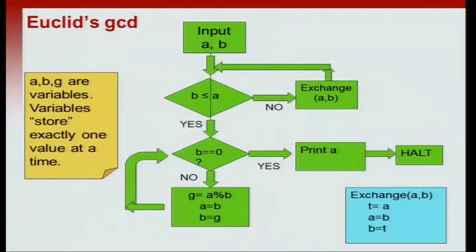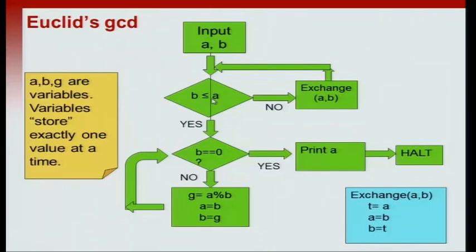Right now we will move into how we write the GCD algorithm in the form of a flowchart. Here is a slightly abbreviated picture. I have skipped the start state, but the start state is there. Let's focus on what happens during the algorithm. You have two numbers a and b.